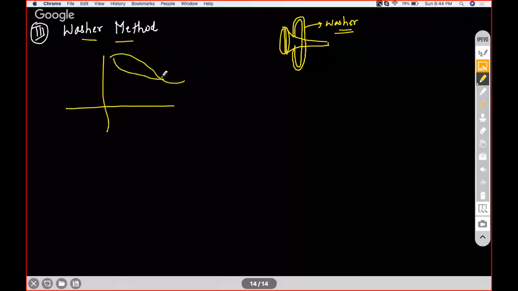Now, if I'm rotating this area about, let's say, the x-axis, it's like saying that you are taking a thin yellow area like this, and you're rotating this area about the x-axis. That means you are creating a surface of this nature.